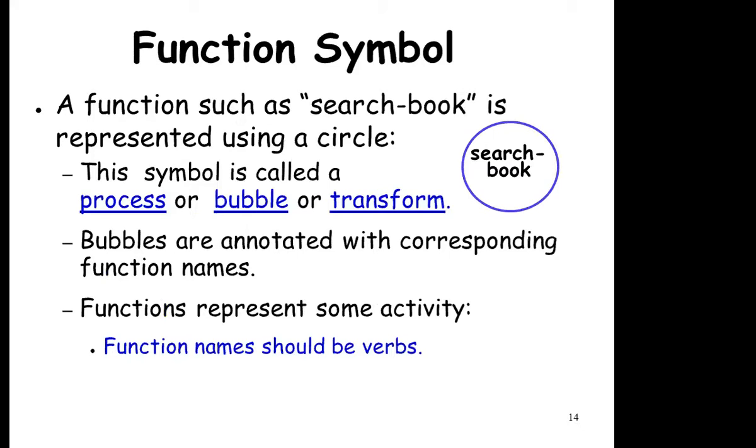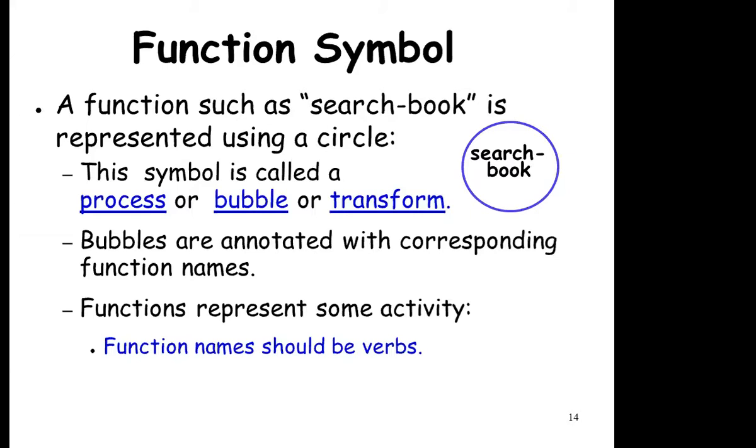Function symbol, a very important symbol. The main DFD depends upon this symbol. We have done an example. I showed you in level 0 there was a single bubble. In level 1 I divided it into 3 main functions, so there were 3 bubbles. In level 2 also, a function was further divided into 3 sub-functions, so there were 3 bubbles for 3 sub-functions. This is also known as a process, bubble, or transform, meaning that after having the function, we transform from one stage to another, from one form to another.